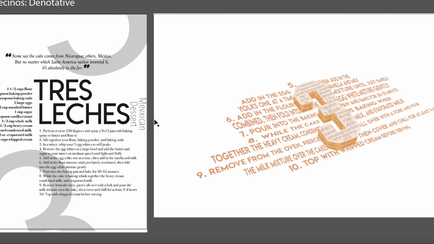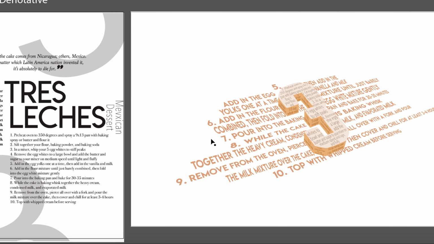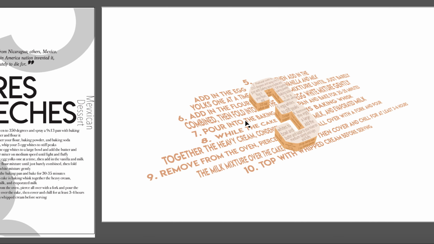I'm going to go into your connotative, and I know it says 3 here, but I'm not really seeing where your title treatment is. It seems to be lost somewhere.